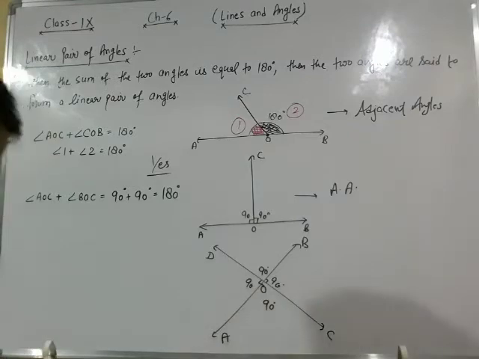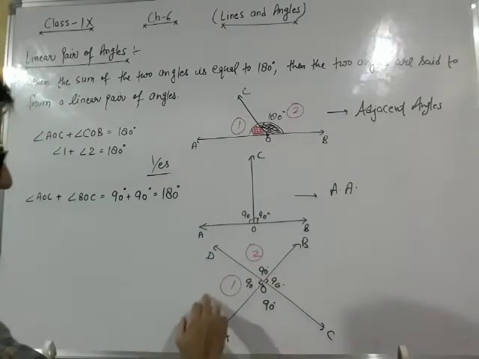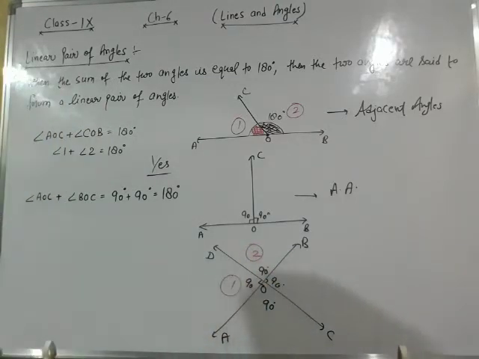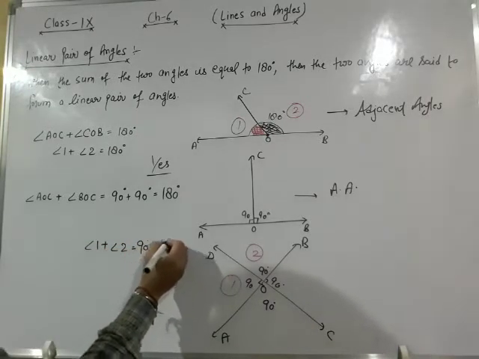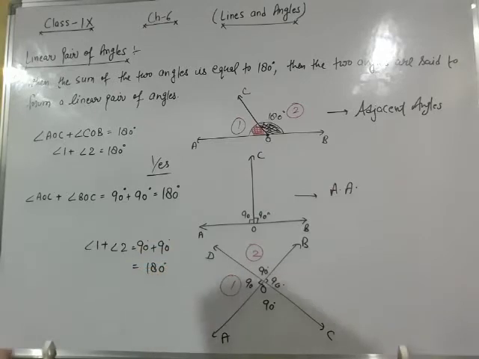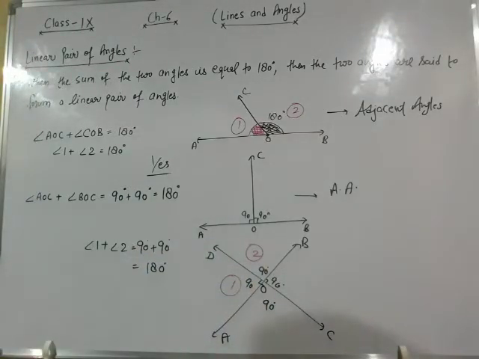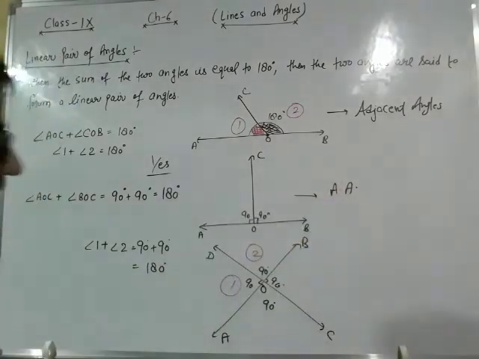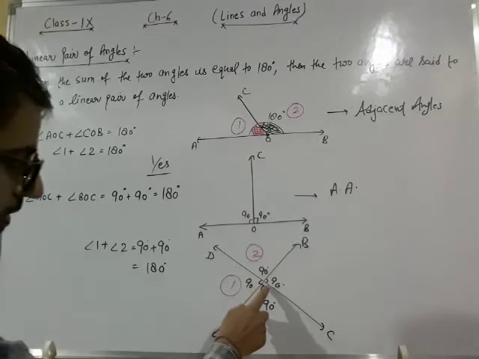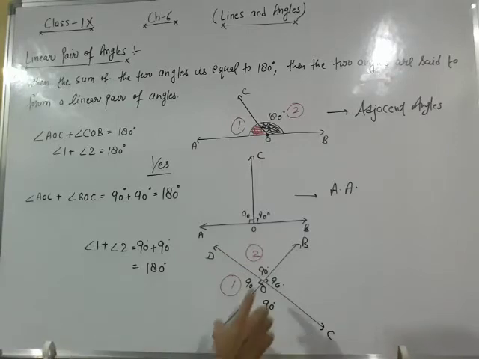What we observe here: angle 1 plus angle 2 is equal to 90 degrees plus 90 degrees, which is equal to 180 degrees. Therefore angle 1 and angle 2 form a linear pair of angles. Second property, angle 1 and angle 2 are also adjacent angles, because they have one common vertex O, one common arm OD, and the non-common arms OA and OB are in opposite directions.